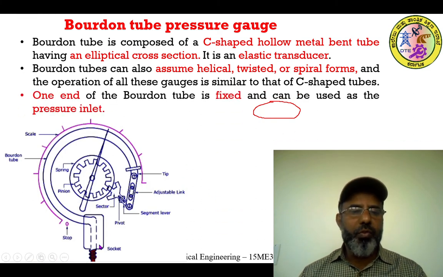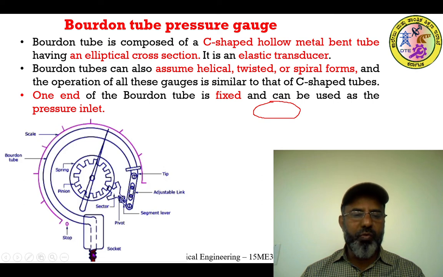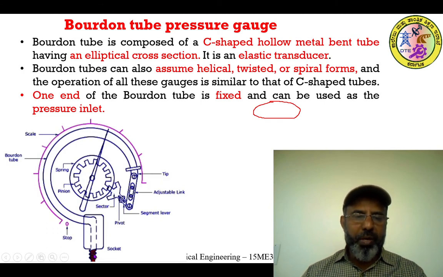And if you see here, one end of the Bourdon tube is fixed and is used as a pressure inlet, or it is fitted to the fluid whose pressure is to be measured. This is a C tube. Means we are going to fix this fixed end to the fluid whose pressure is to be measured.